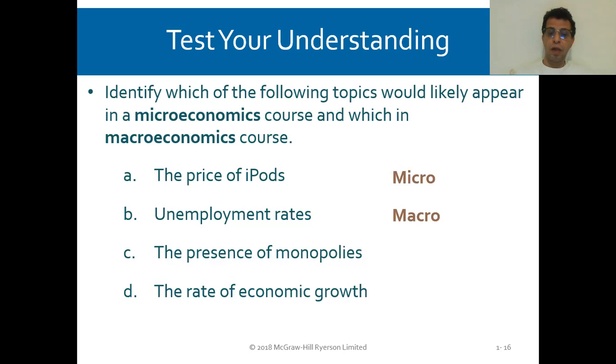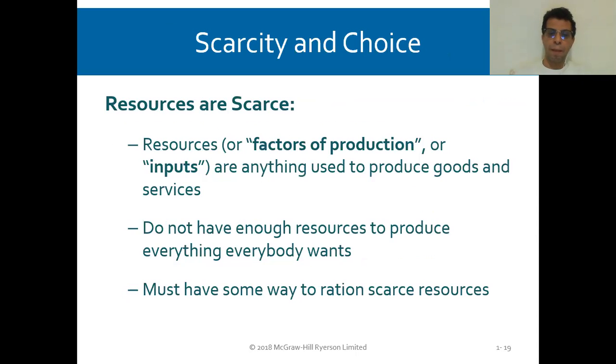The presence of monopolies is micro because it's a certain part, not the whole country; a monopoly is in some sectors or industries. The rate of economic growth, once again, is macro. It's pretty clear. So these are the differences. You need to evaluate them and see which one is macro and which one is micro.